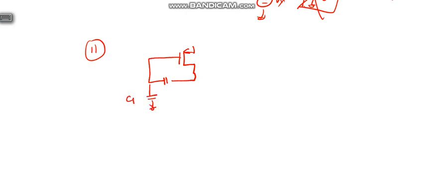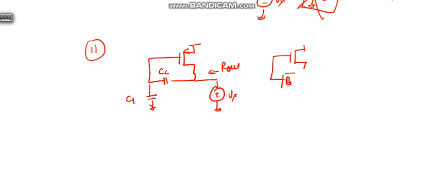So this is C1, this is Cc, and here we need to find the output resistance. Say we will put Vx, and some beta factor of Vx will appear here.